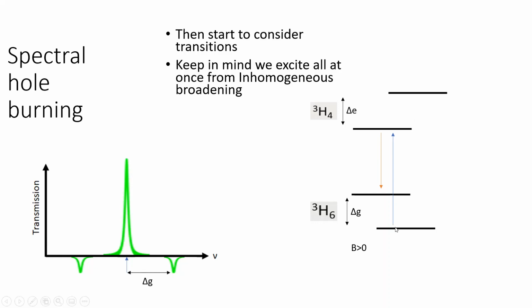It could be the original spin level, where it came from originally, or it could be the other spin level. Now, if it's the original spin level, there is likely still a pump laser resonant with that ion, and so it gets re-excited. But if it happens to be the other spin level, and this happens with some probability given by the branching ratio, that spin level and that transition is then out of resonance with your driving laser. And so the population can be left there to build up.